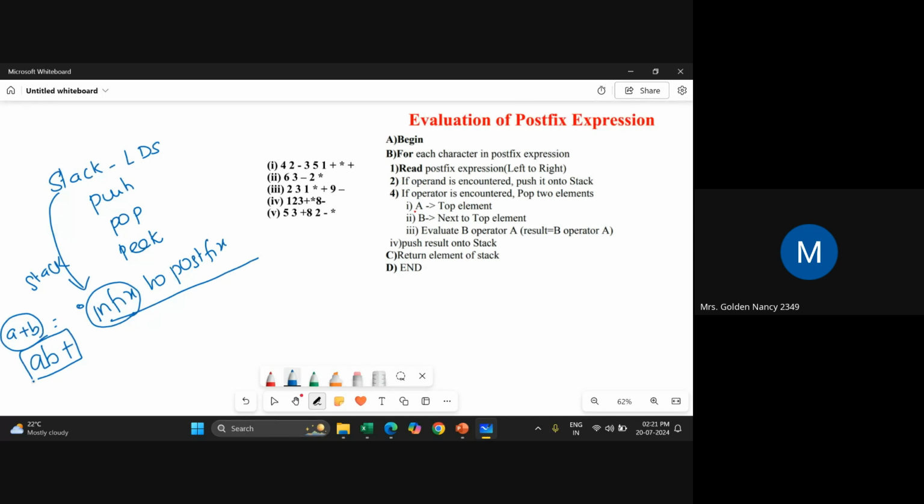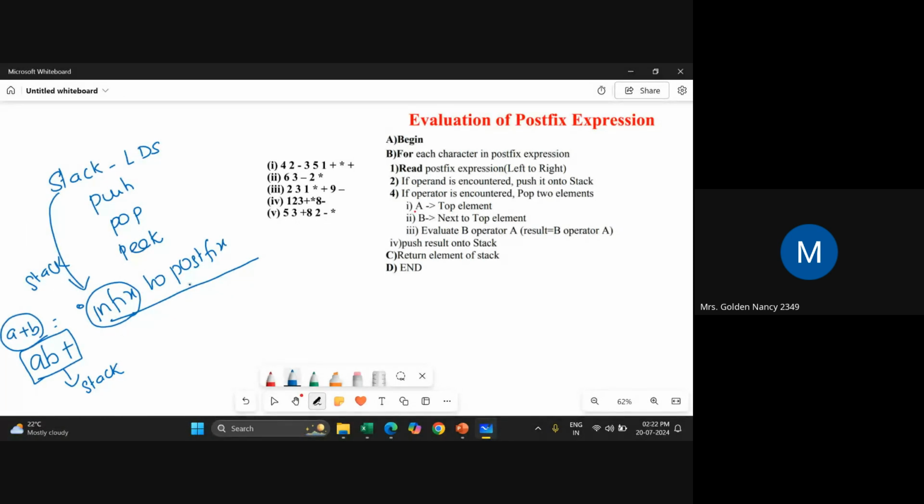This will be understood by the compilers easily. That is why we are going for conversion, and this conversion is done by using stack. Stack is a data structure which can convert infix and postfix notation, which will help the computer to solve the problem very easily.